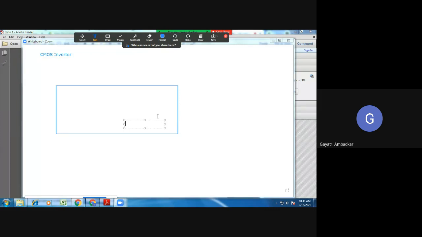Now as the substrate is N-type, you can form a PMOS here. But to form NMOS, you need a P-type semiconductor substrate.